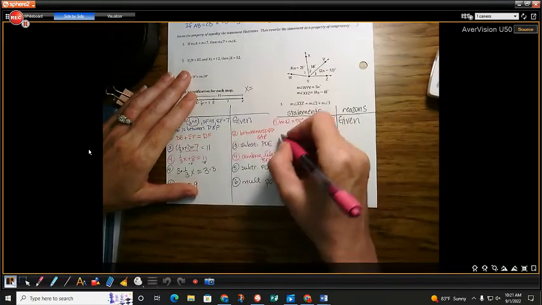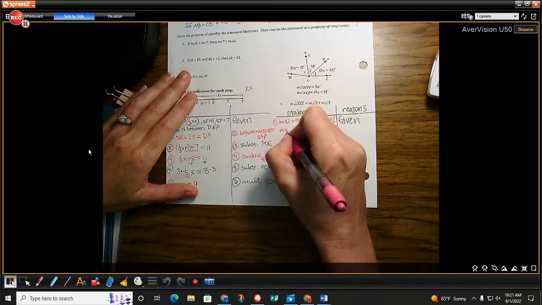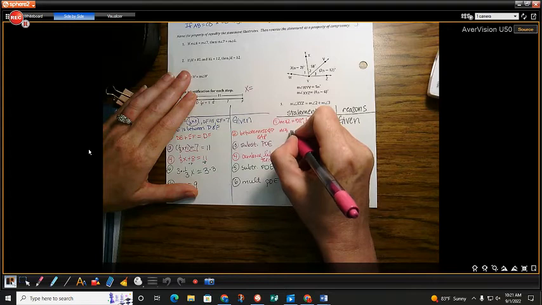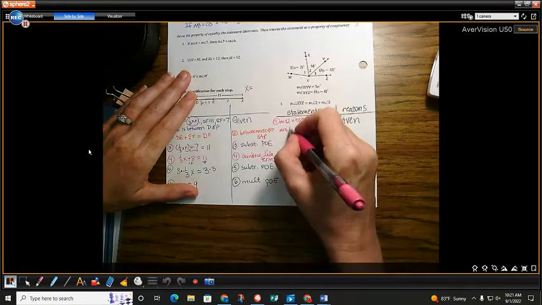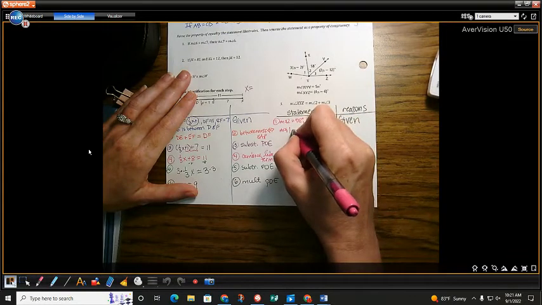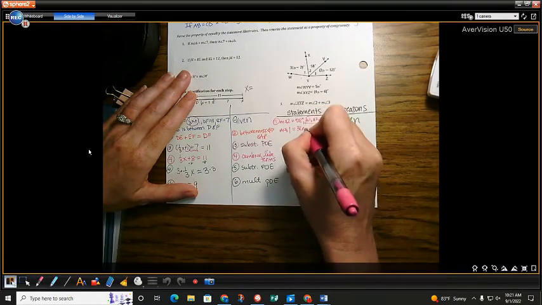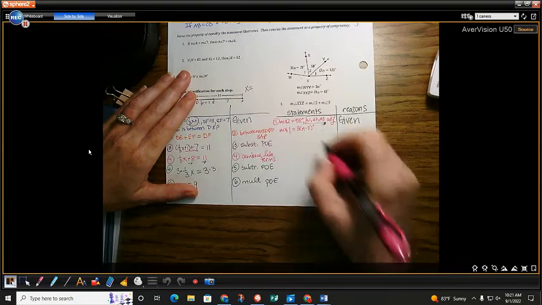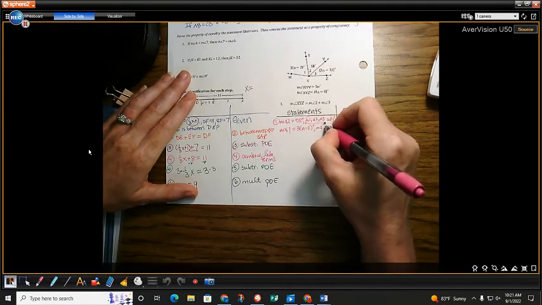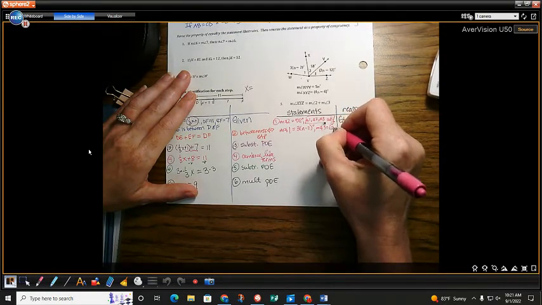The measure of angle WYX is 3 times n minus 2. Do you mind if I just call that angle 1? Okay. Measure of angle 1 equals 3 times n minus 2 degrees. And the measure of angle 3 is what, 2n minus 12? Yep.